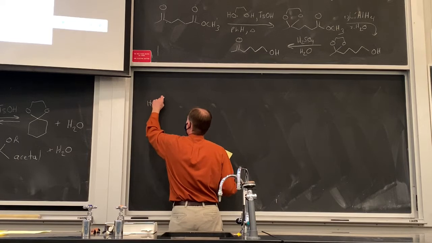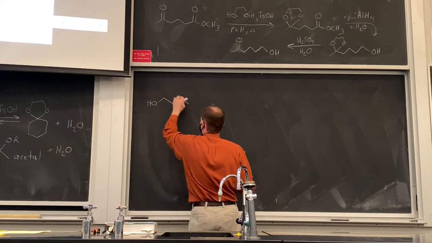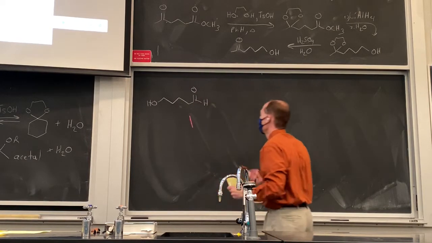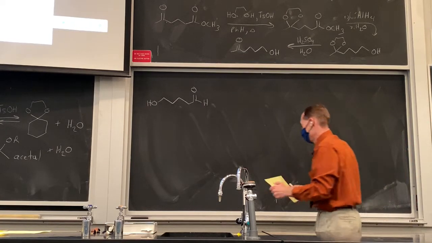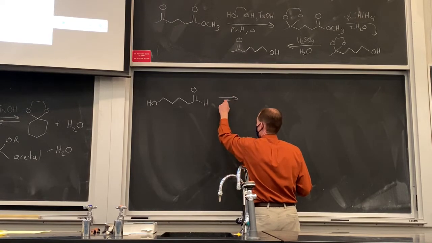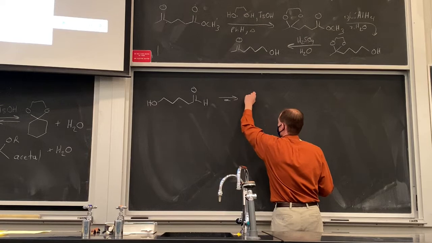So if we have an alcohol, 1, 2, 3, 4, 5, and an aldehyde in the same molecule, then that alcohol, in the presence of trace amounts of acid or base, can attack the carbonyl carbon.